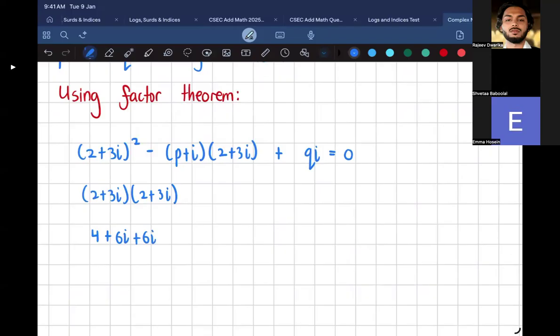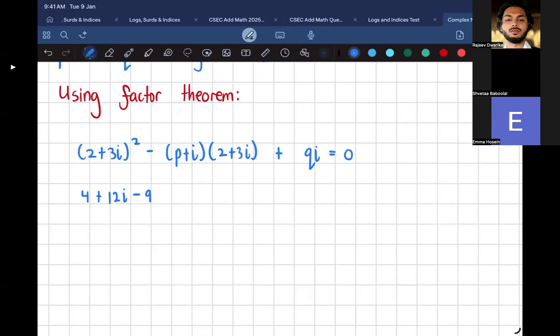Then 3i by 3i is 9, but you have to take into consideration the i squared, so 9 by minus 1 is minus 9. So you're going to get 4 plus 12i minus 9 over here.